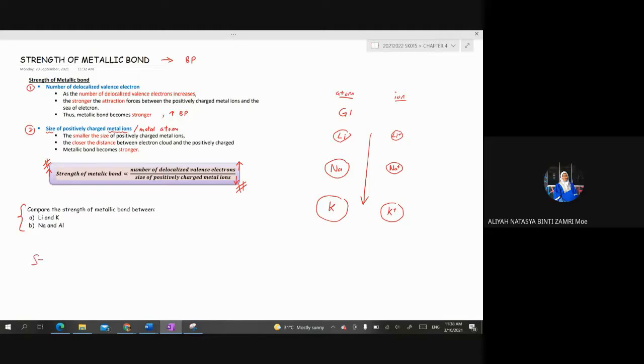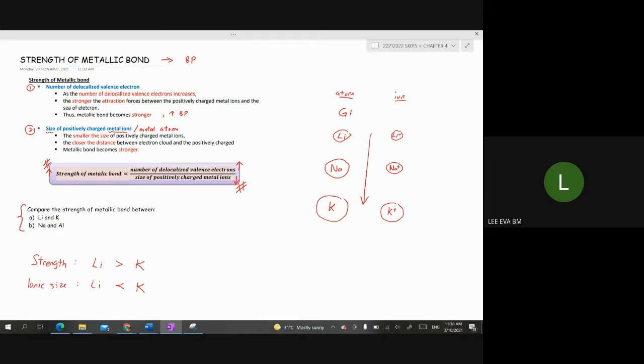Both lithium and potassium come from group 1, so they have the same number of valence electrons. So for the first factor we cannot use it. The strength of lithium is stronger than potassium because the ionic size or atomic size of lithium is smaller than potassium.